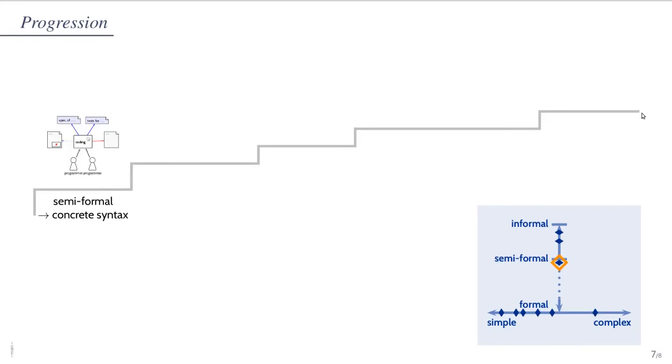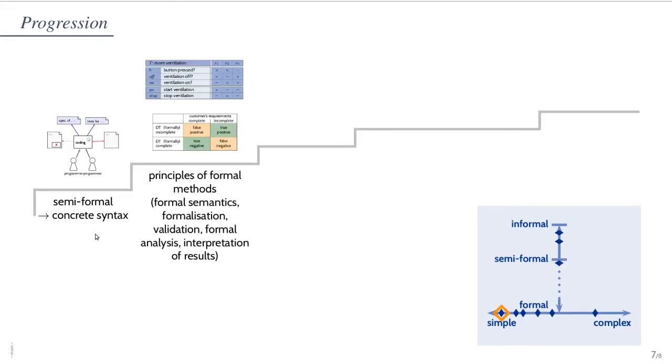So we start in the topic area process management and use well-known process modeling languages on a semi-formal level. So here we focus on the proper definition of a concrete syntax with only an intuitive meaning. So we have roles and activities and artifacts and all that.